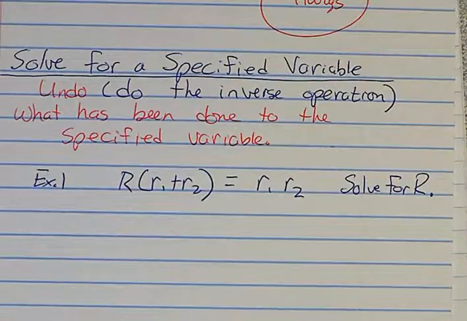So you got capital R, just so we can keep this up here. Capital R times R1 plus R2, and that's going to equal R1 times R2.